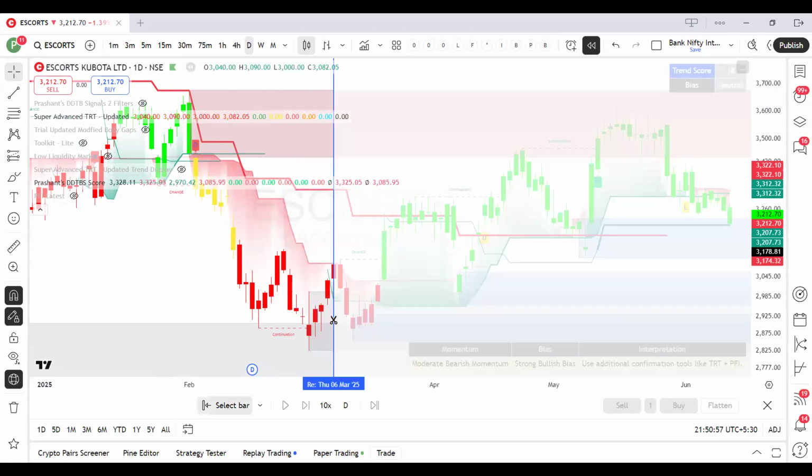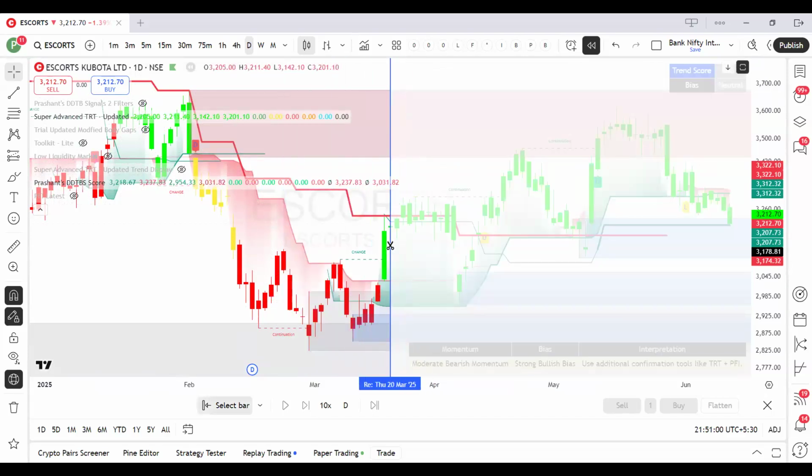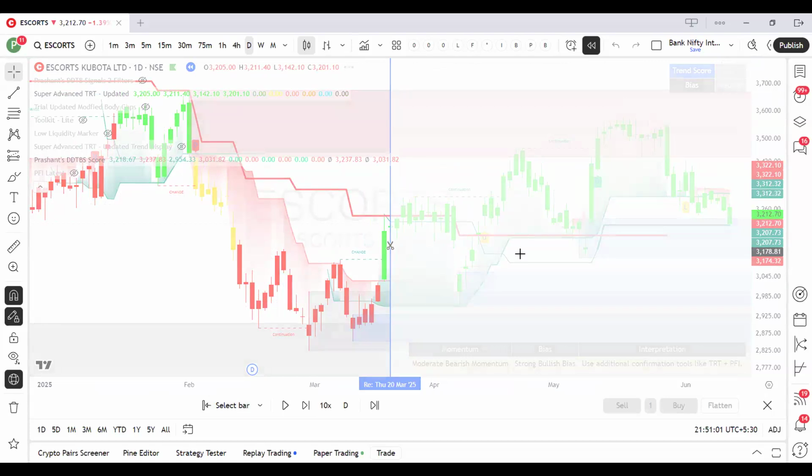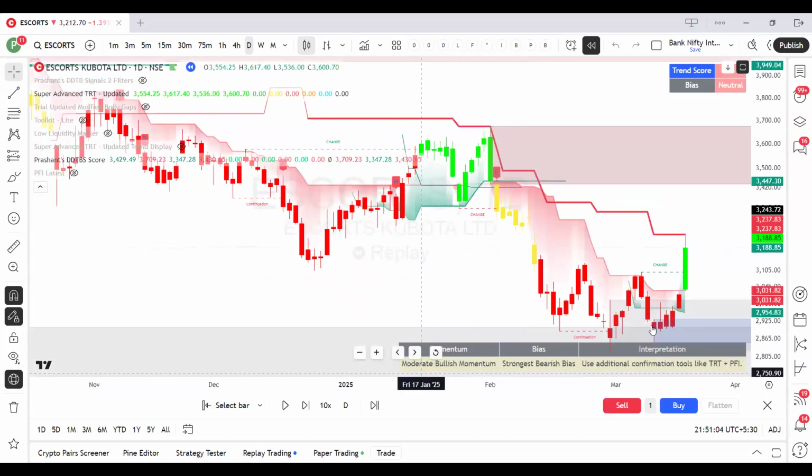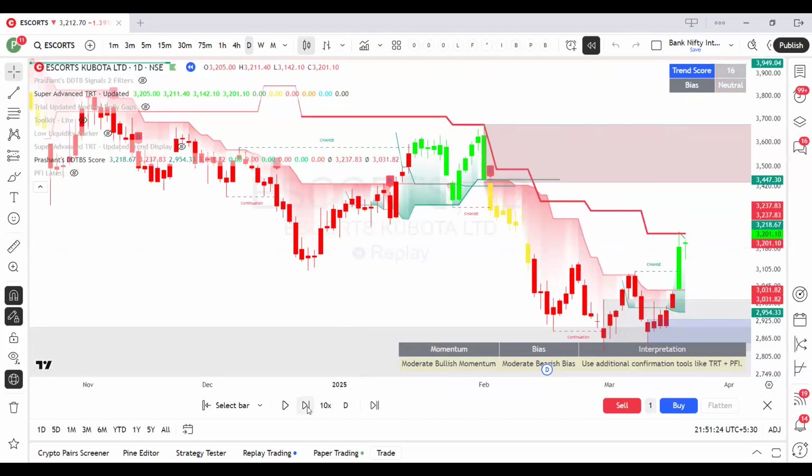So when we go to this price action here, first we'll see that everything is bearish. See, moderate bullish momentum had started because prices are above both input chart time frames. Means these are lower time frames and prices are above both the bands. Therefore, moderate bullish momentum has appeared, but bias is bearish because price is still below this red band, which will change soon, and bias became moderate bearish.